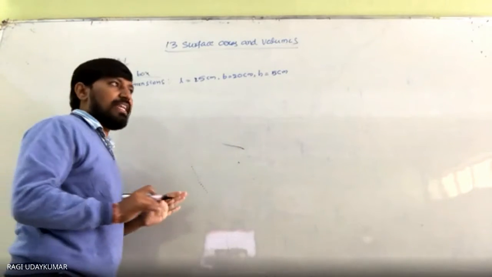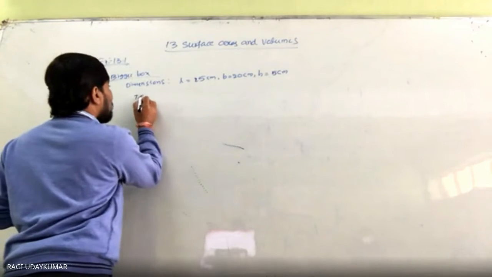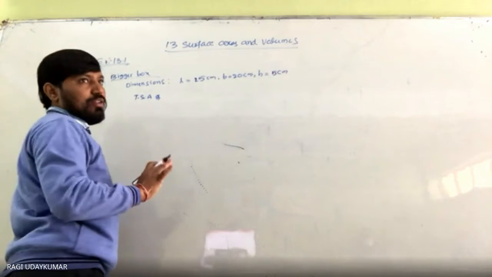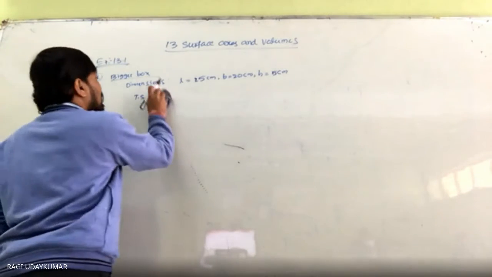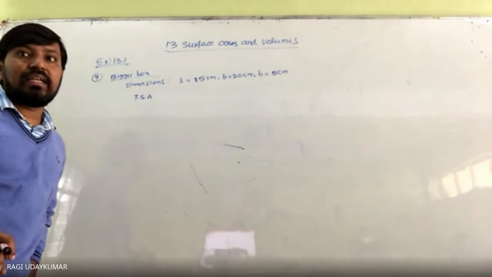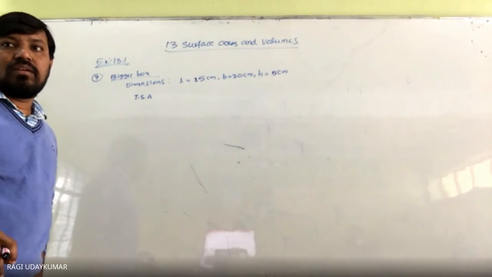First, the total surface area of the box, total surface area of the cuboid, find out. Okay. So what is the question given here? We have to pack this with two sides of the vehicle. Dimensions.